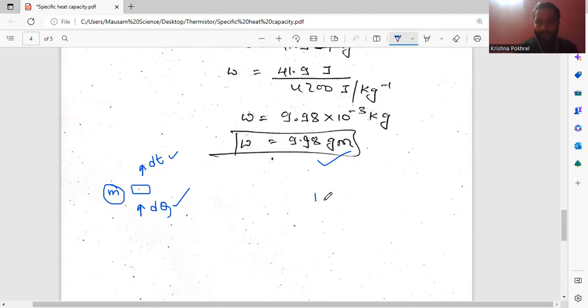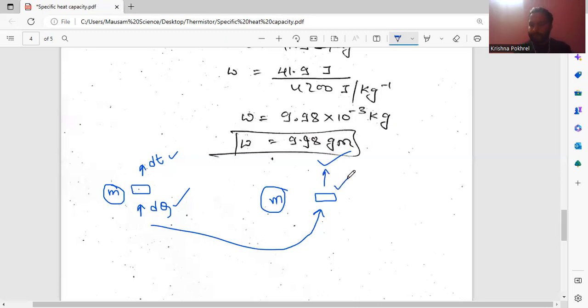Now we are taking water. The mass is unknown. For what mass of water, if you supply the same amount of heat and the same degree rise in temperature is there, that is called the water equivalent. I repeat once.